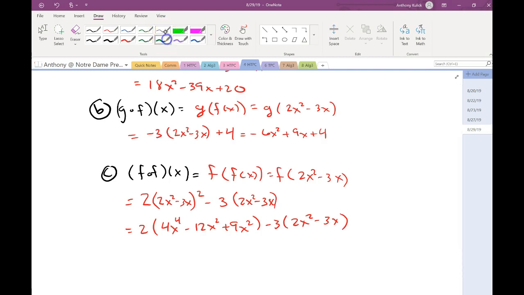But it should be not too bad to do these in your head. The formula that you can use is just the binomial expansion for a plus b squared.